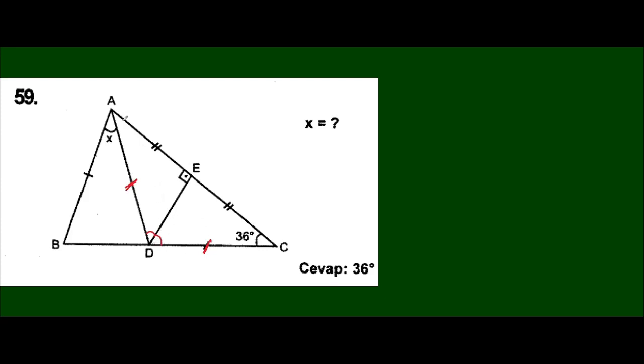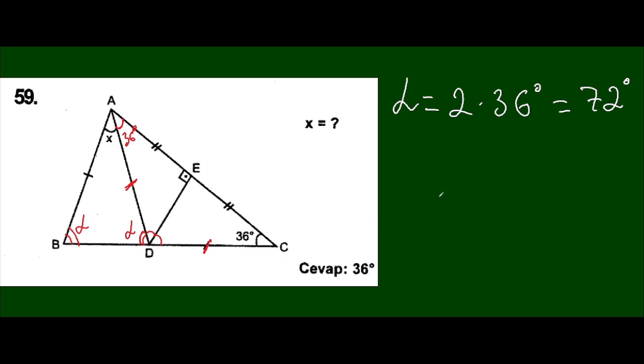And from here we can write down that this angle will be 36 degrees. Yes, and we also know that if this angle is alpha, this angle has to be also alpha. And here we know that alpha will be equal to 2 times 36, 36 plus 36, to give us 72 degrees.